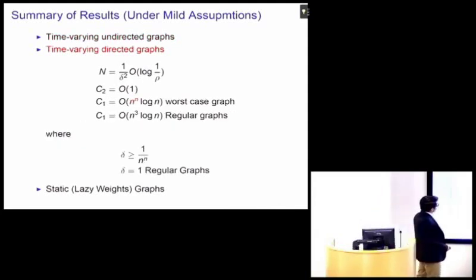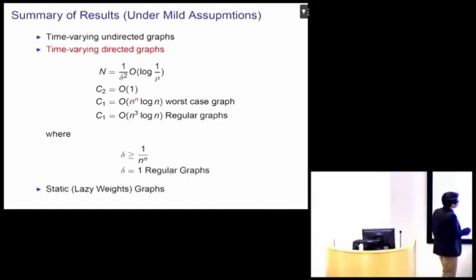For the time varying directed case, remember the push-sum version, sadly we found that the push-sum algorithm is exponential in n, so there is no polynomial time for this type of graphs.